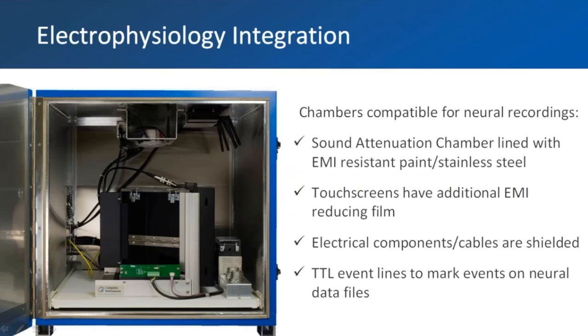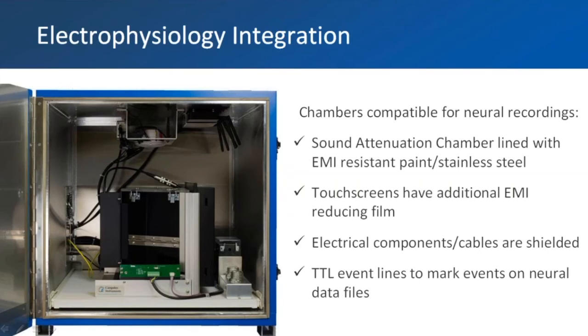Starting with the sound attenuation chamber, it's going to be lined with either stainless steel or a metal paint, which will help reduce emissions from outside the chamber getting to inside where we're recording. Also, the touchscreen itself, which has a small source of EMI, has an additional film over the monitor so that we reduce the emissions from the monitor to the animal.